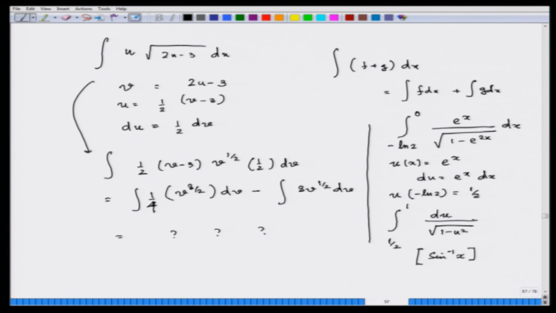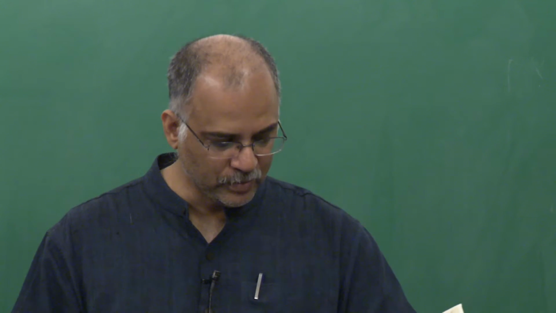Plus c is not required, because you can cancel out the c from both the cases. By the fundamental theorem of calculus, now this is from half to 1. So, you will have sin inverse 1 minus sin inverse half. Sin inverse 1 is pi by 4, 45 degrees, and sin inverse half is pi by 6, 30 degrees, and so this is nothing but pi by 12, and that is a neat simple answer. And tomorrow we will talk about integration by parts.